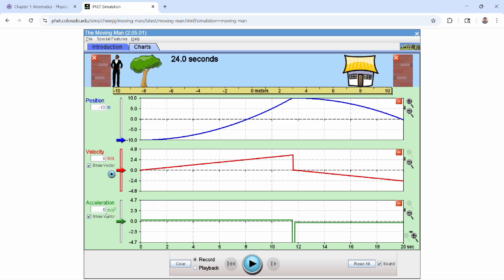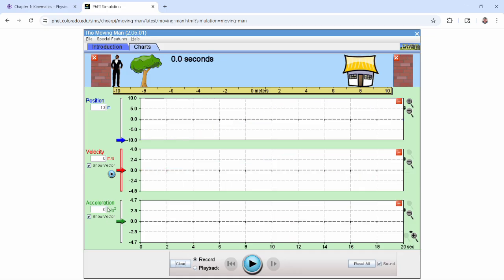So let me do it with a 0.4 meter per second squared acceleration so that the whole thing will fit. 0.4. Okay. And this time, I think I'm gonna let it come to a complete stop before I stop the simulation. So I'll let acceleration come to 0 before I stop it.